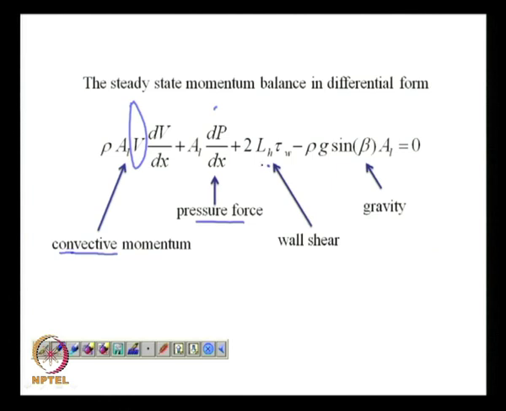I am going to have a wall shear, where tau w is the wall shear which is acting on the fluid opposing the flow, and I have some sort of gravity body force which is acting on it. So, this is the steady state momentum balance equation that one can obtain from the shell balance of the previous picture.